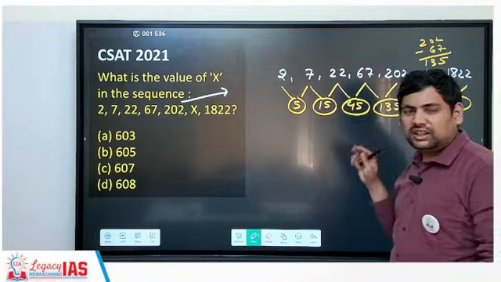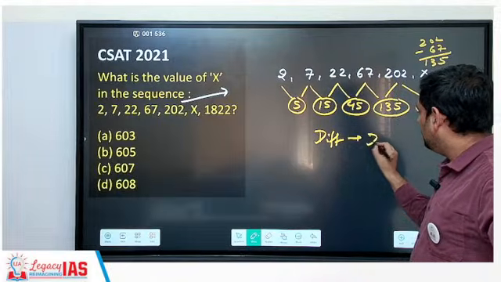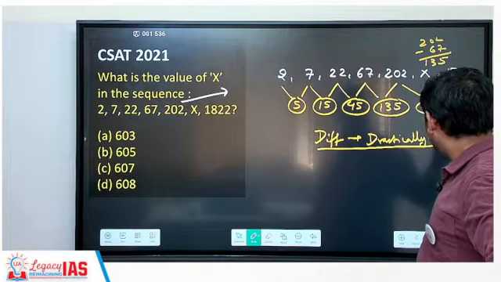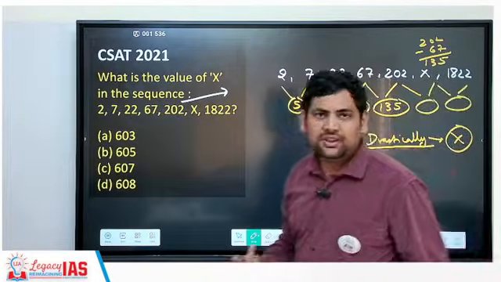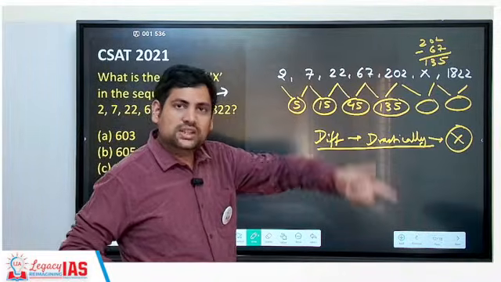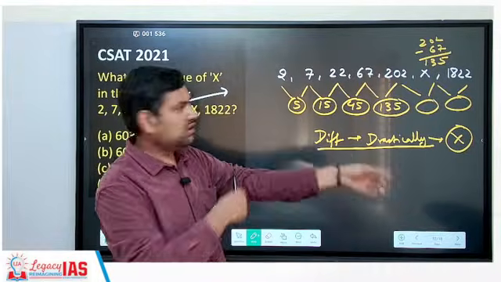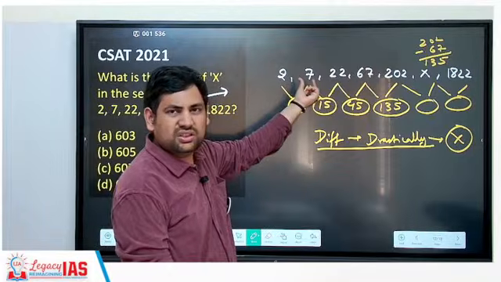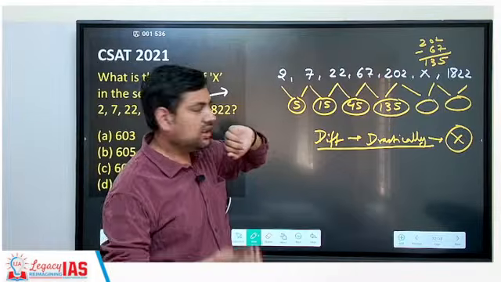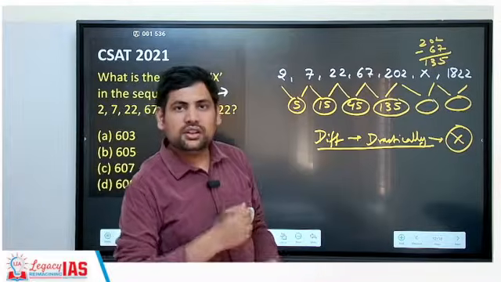Of course the difference is changing drastically. Now if it is changing drastically, what might it be involving? It might be involving multiplication. This difference actually gives you the hint. Of course this is not direct multiplication, because it is not like 2 into 3 or 7 into 3, so it is not reaching the whole numbers, but it gives you a hint that it might imply some kind of multiplication.